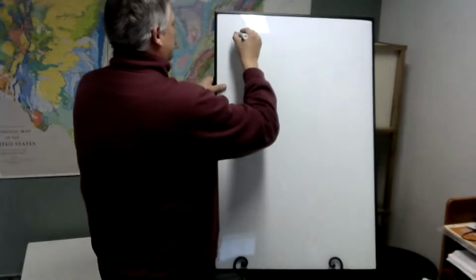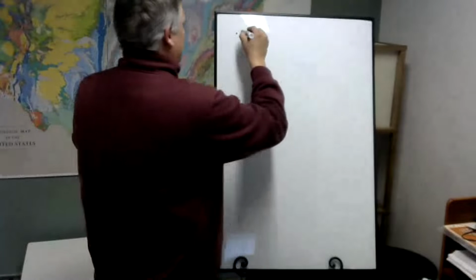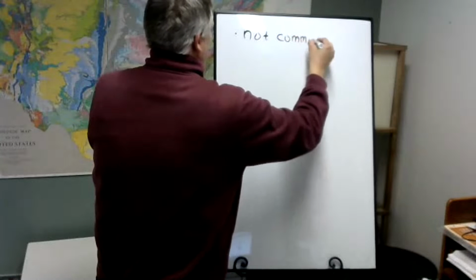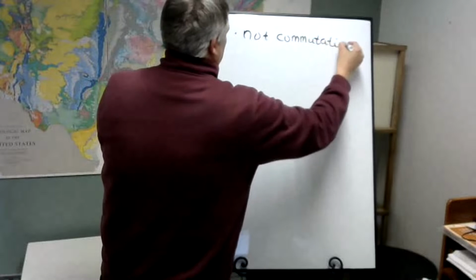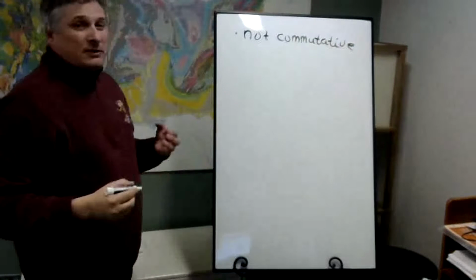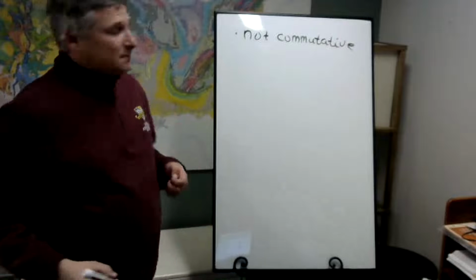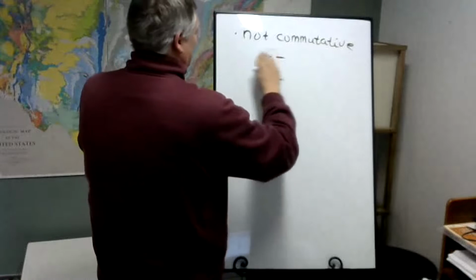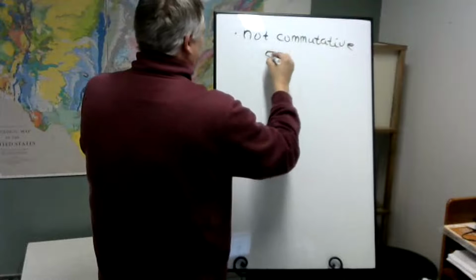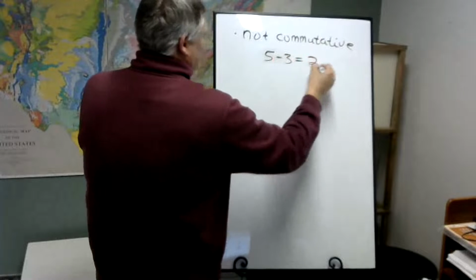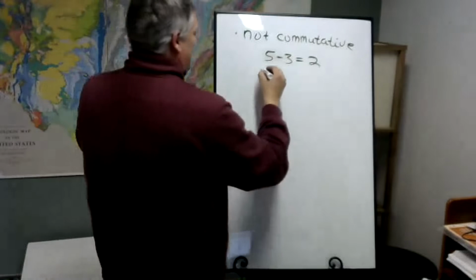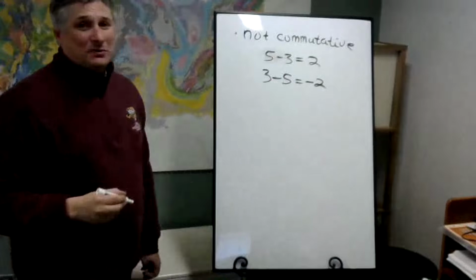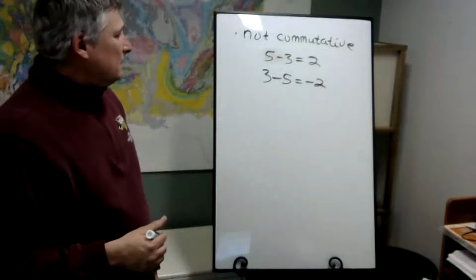There are operations that are not commutative, and that's subtraction and division. So 5 minus 3 is 2, and then 3 minus 5 is not 2, it's negative 2, which is a different number.